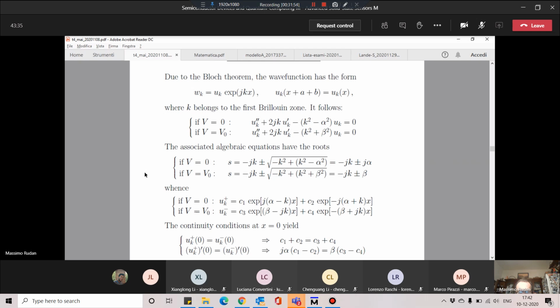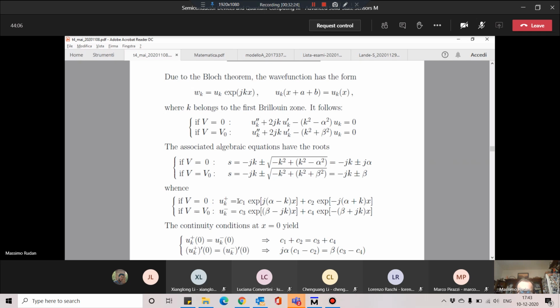So let's call uk plus the solution where v is equal to 0, such that we have to use the first form of s. uk plus is a linear combination in which the undetermined coefficients are c1 and c2 of the exponentials that you can see here.